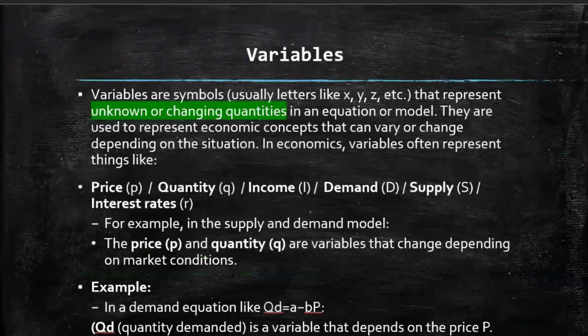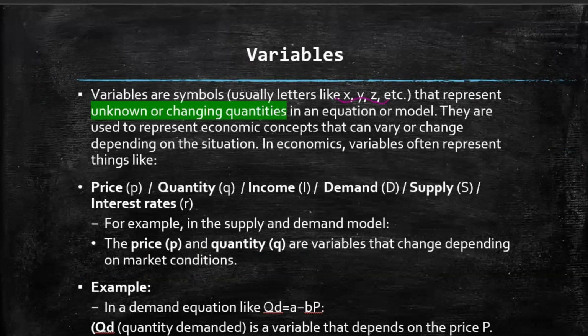What are variables? Variables are written symbolically with a notation, with a symbol. Generally, we use letters like X, Y, Z. What does that mean? That means this variable actually varies, in any equation.